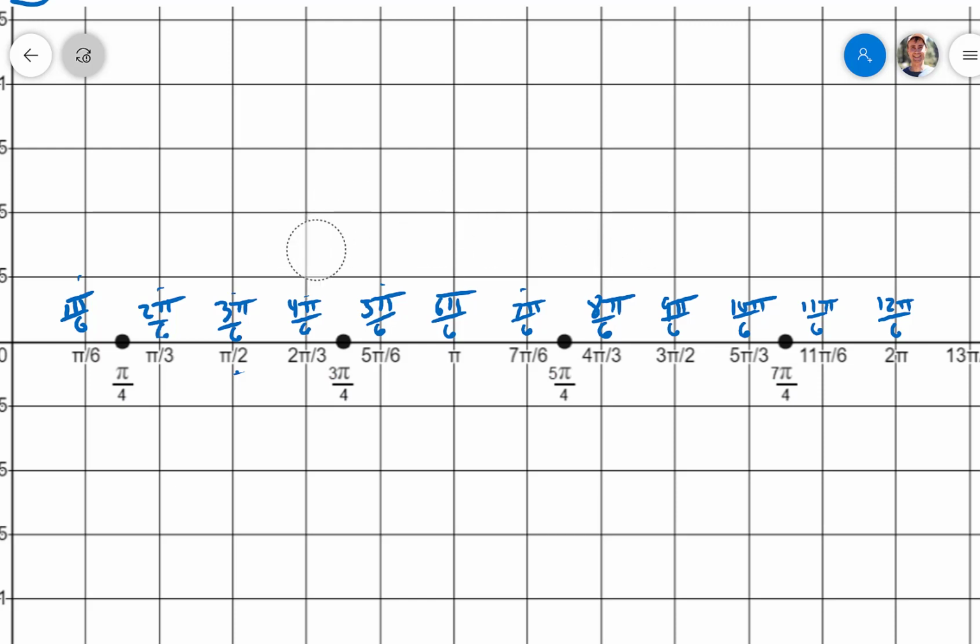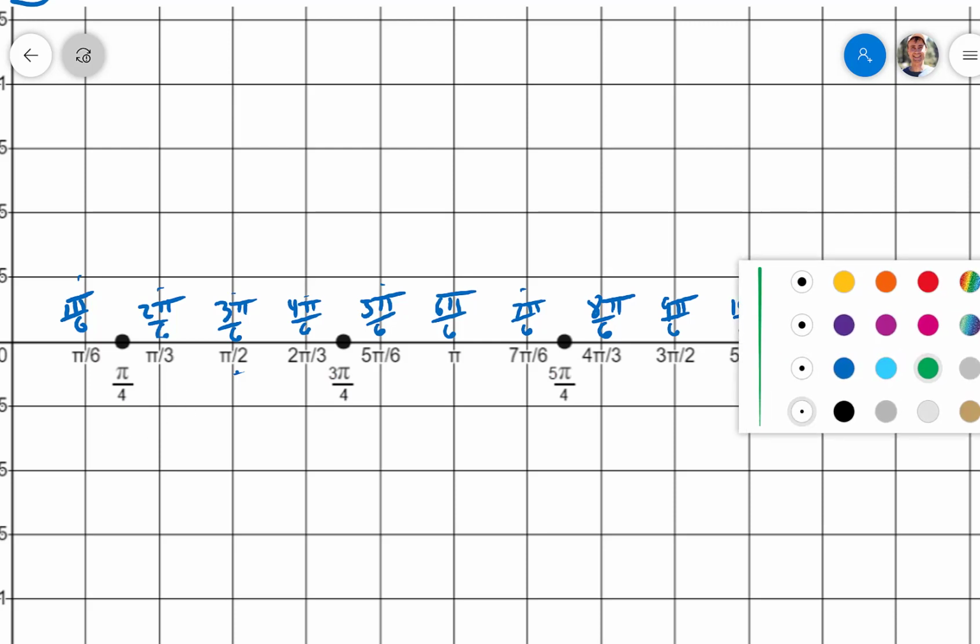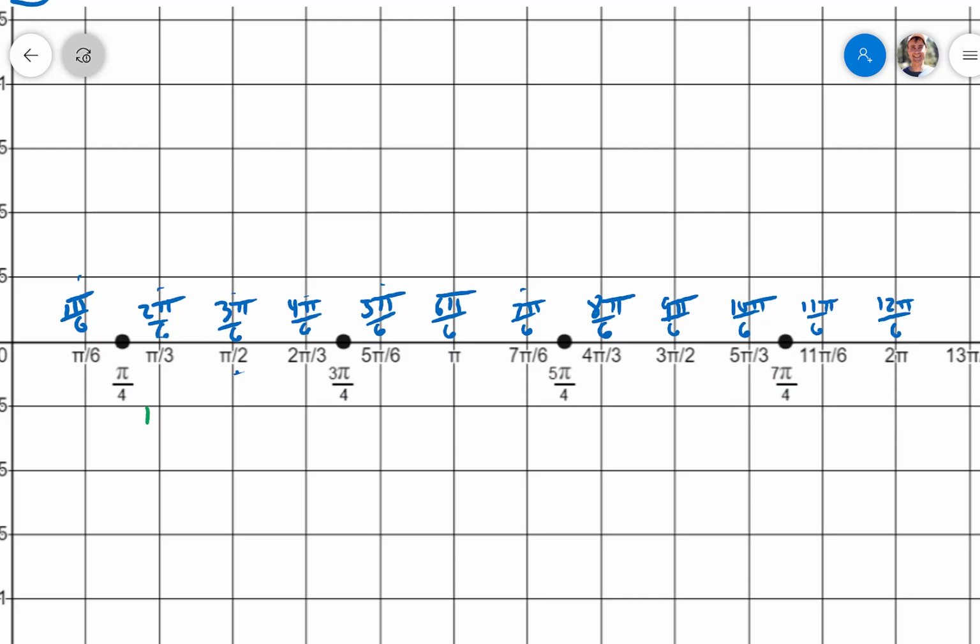However, we can also count by thirds of pi. So here we could have 1 pi thirds. Now, then we jump to 2 pi thirds, and because these are sixths, I'm going to jump in pi thirds, and then we're going to have 3 pi thirds.